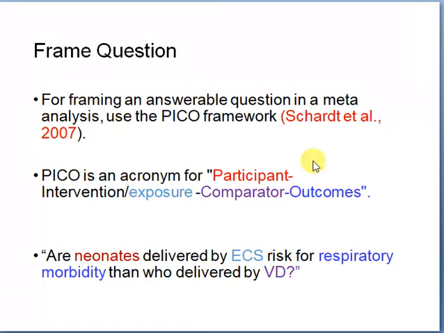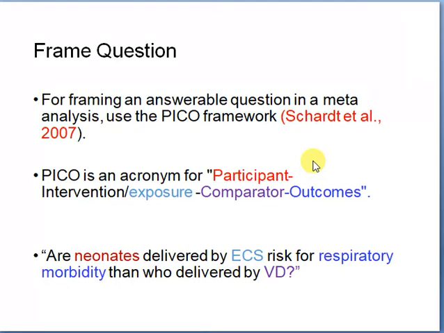PICO is very appropriate and very interesting. We have around four components. The first one is participant, the study participant or respondent, what we're going to do with them. After that, we have intervention. I stands for intervention, P stands for participant.